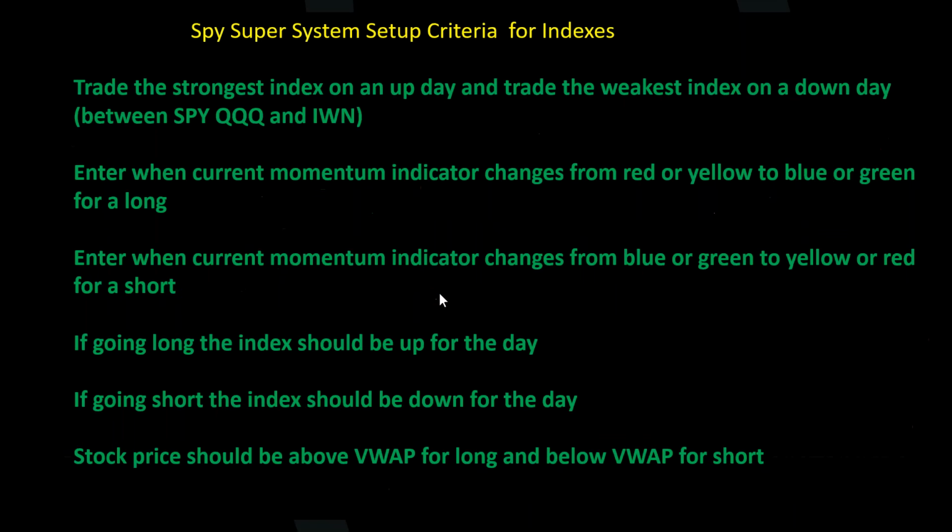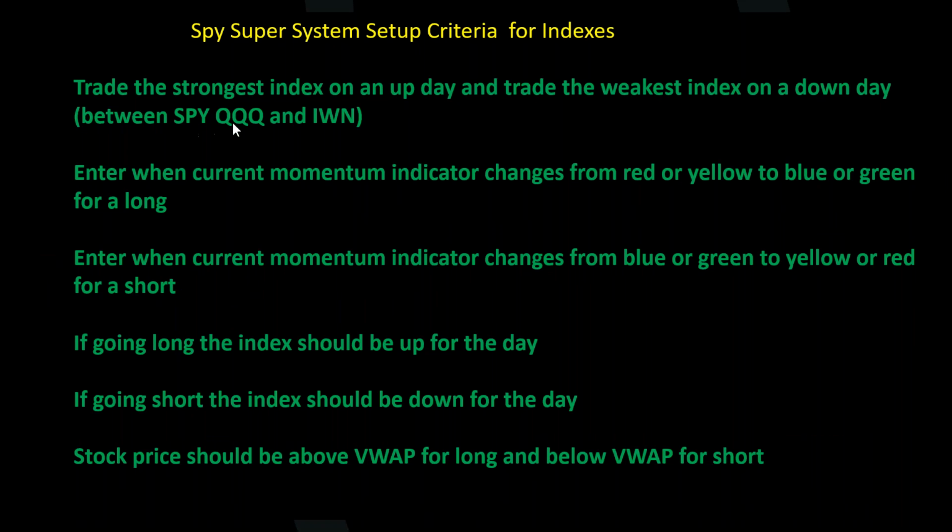System intraday trades. Okay, now the SPY Super System setup criteria for indexes. If we're looking at the SPY, the Q, and the IWM, and we want to trade some quick intraday trades in those, you're going to trade the strongest index on an up day and trade the weakest index on a down day, as I mentioned earlier.